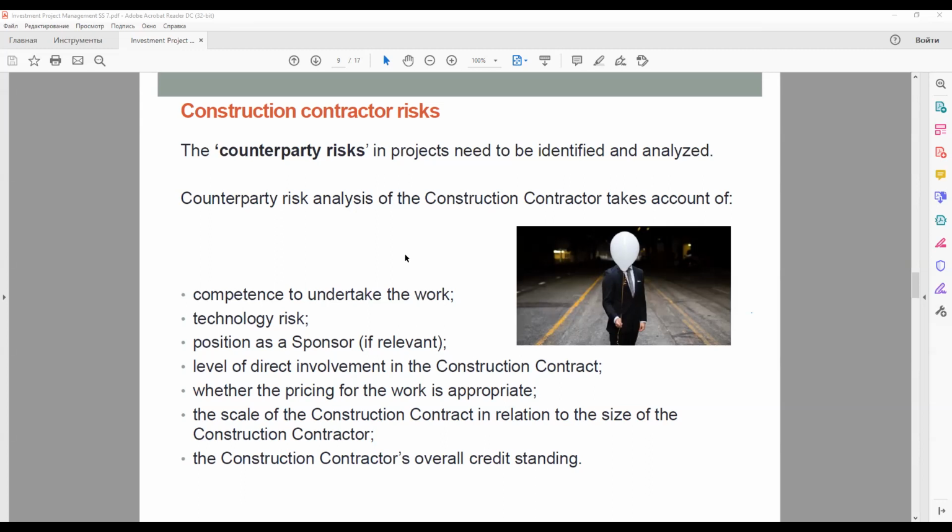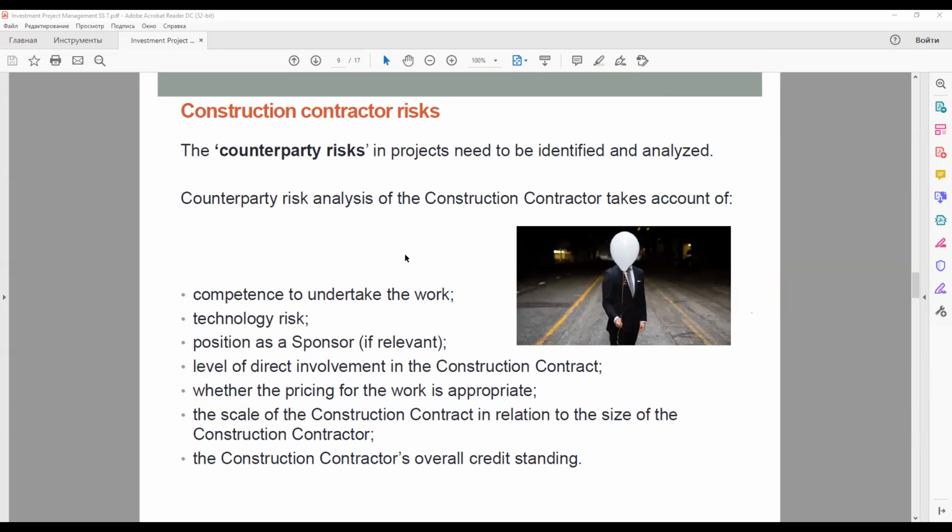Counterparty risk analysis of the construction contractor takes account of competence to undertake the work, technology risk, position of a sponsor, if it is relevant, level of direct involvement in the construction contract, whether the pricing for the work is appropriate, the scale of the construction contract in relation to the size of the construction contractor, and the construction contractor's overall credit standing. This type of counterparty review is a fundamental first step before considering risk allocation in the construction contract itself.